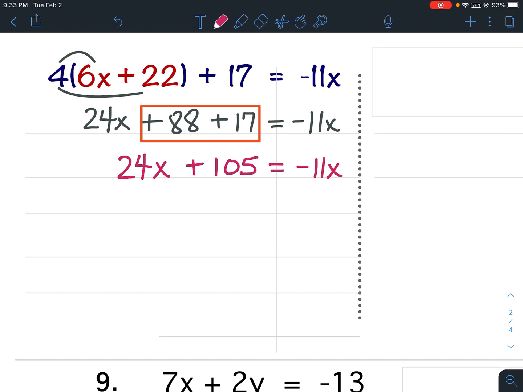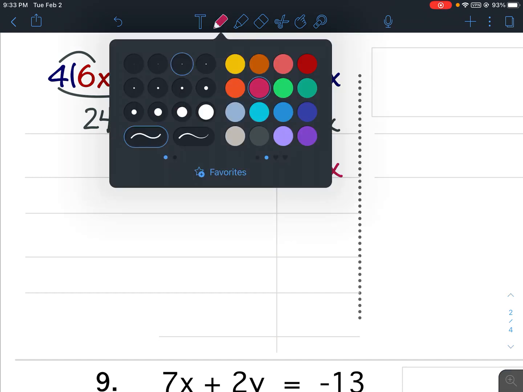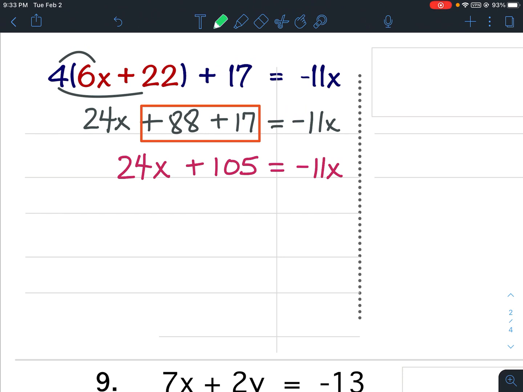Okay, so now I need to get my variable terms to one side and my constant terms to the other side. But this one you've got to be careful. You want to find the variable term or the constant term where there's only one of them. And there's only one constant term. And that one constant term's on the left, so it's going to stay on the left. So what we need to do is take the variable term, 24x, to the other side.